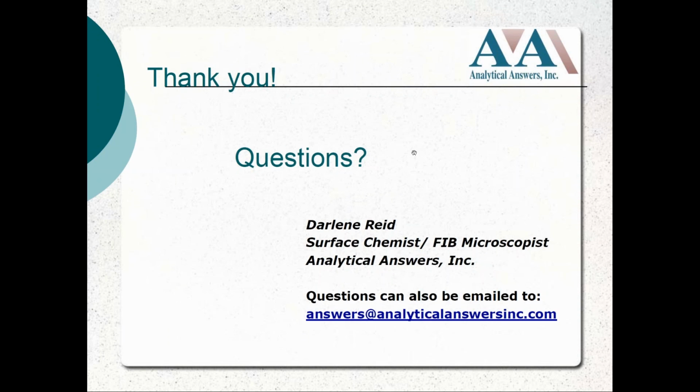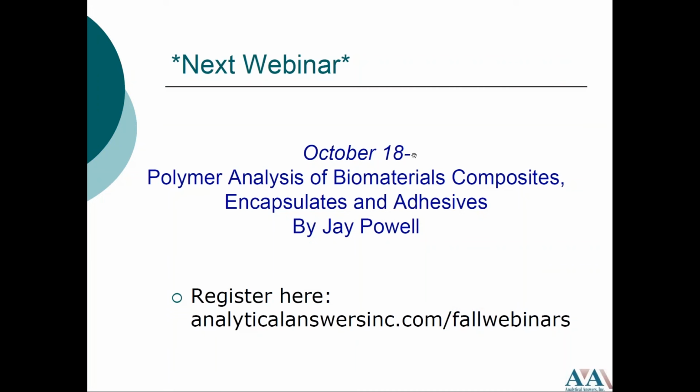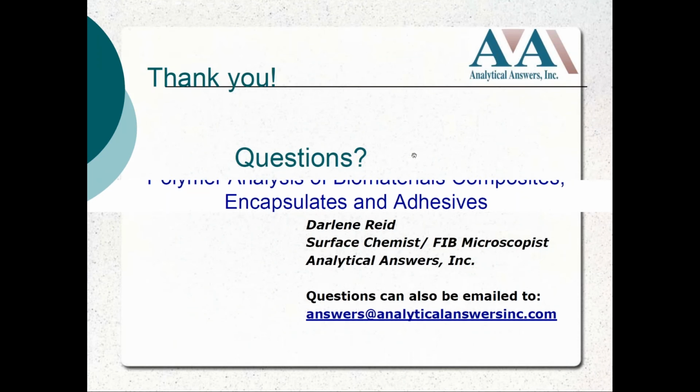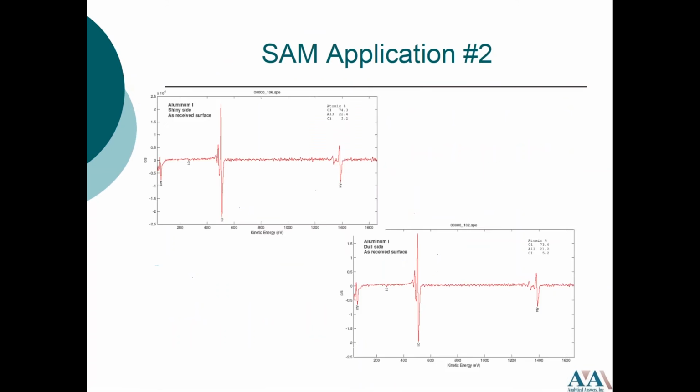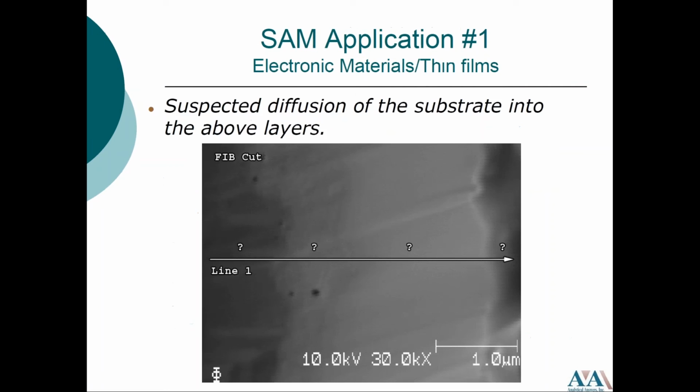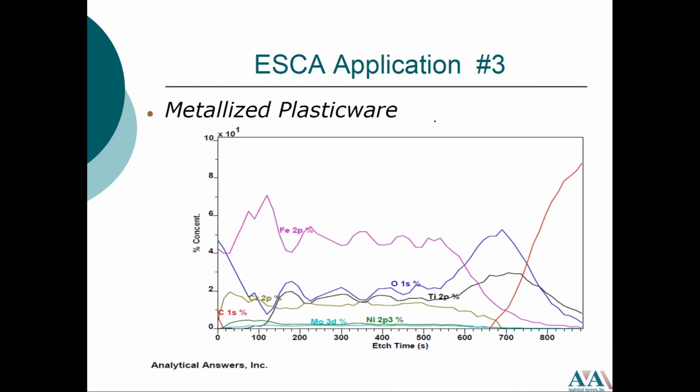If it were part of the stainless steel, you would see the carbon most likely follow the trend of the iron throughout the stainless steel. So I would say that the carbon is from surface contamination, and then as we see at the end it increases dramatically, so it's related to the plastic.